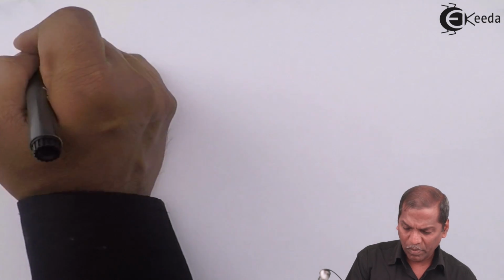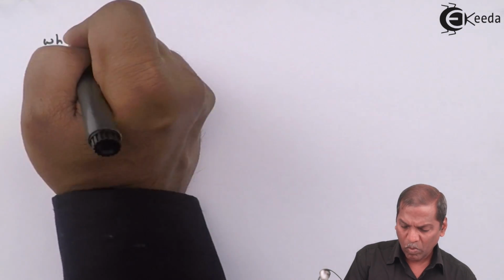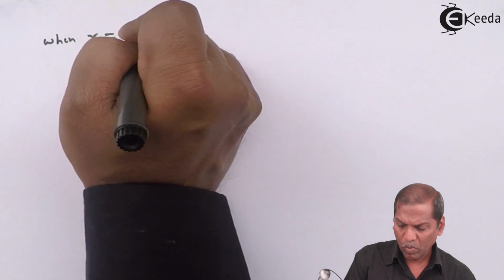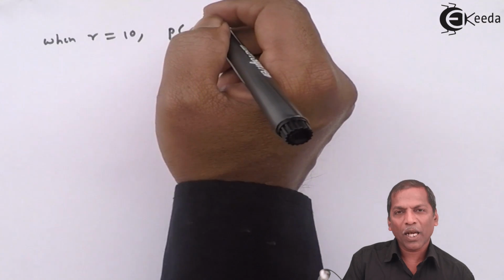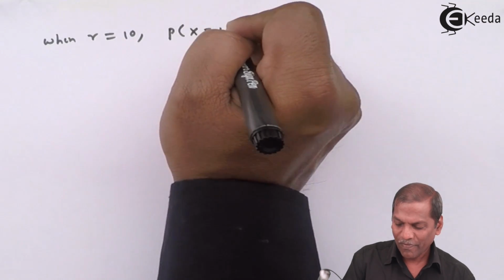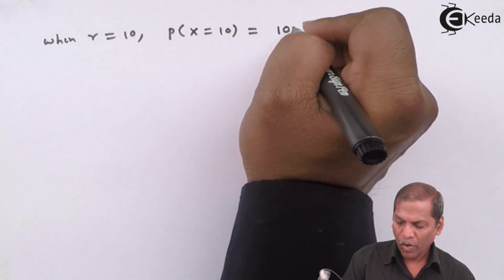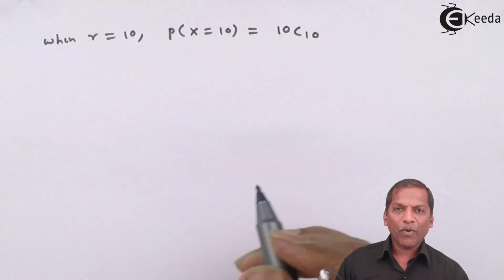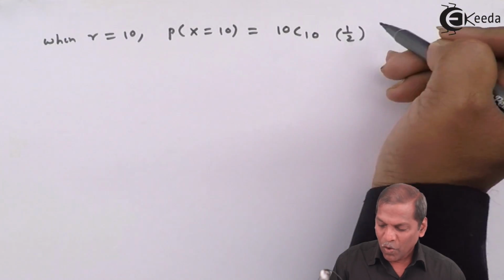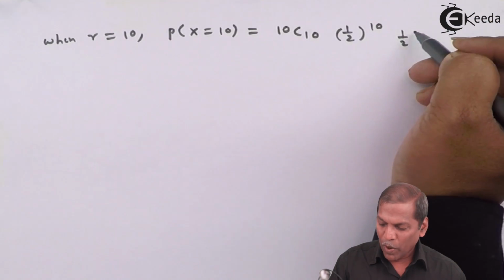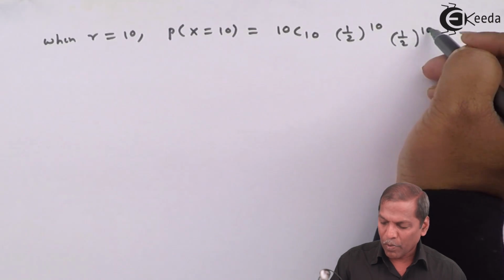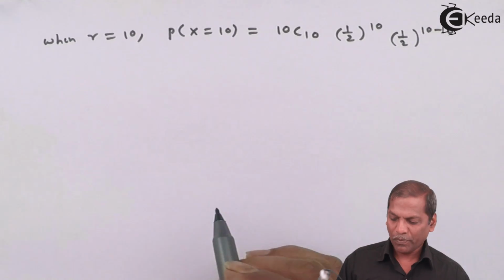And finally we consider the value when r equal to 10. So probability x equal to 10 is equal to 10C10 into 1 upon 2 raised 10 into 1 upon 2 raised 10 minus 10.